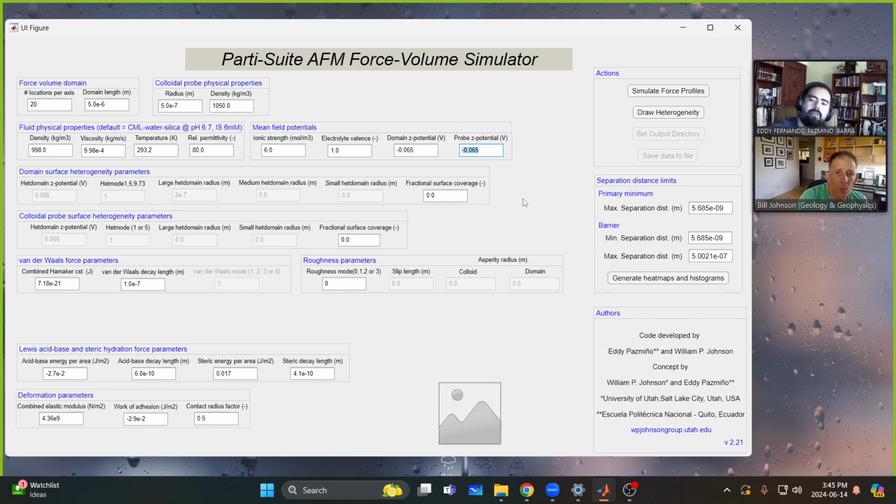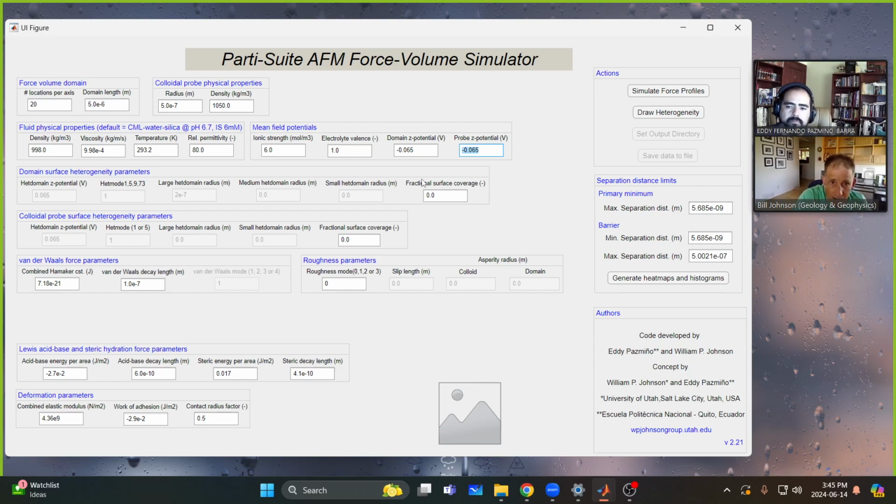And of course, we know from excellent work done by other researchers, including Ellie Mellick's group, that this net negative zeta potential is not sensitive enough to pick up any nanoscale charge heterogeneity. And so if you want to create variability in the interactions so that they're not just monolithically repulsive, one needs to add some amount of surface coverage by nanoscale heterogeneity.